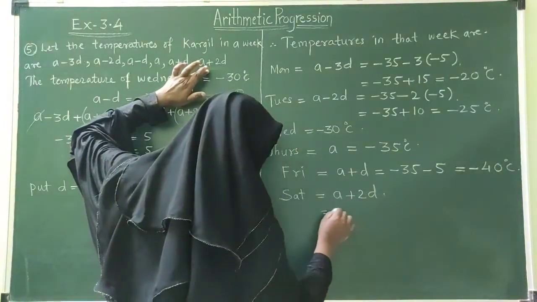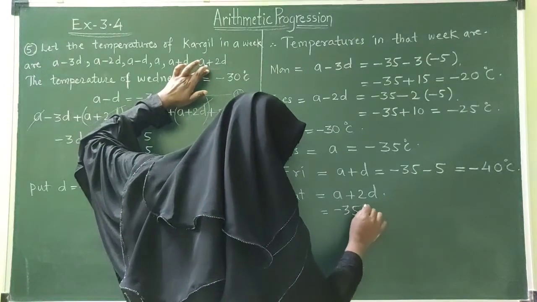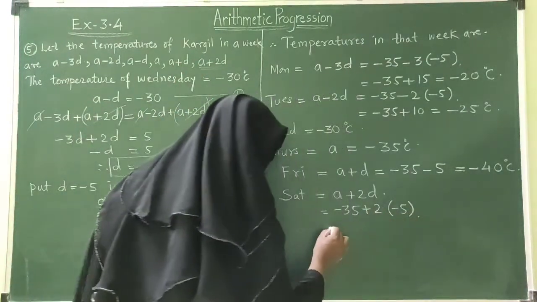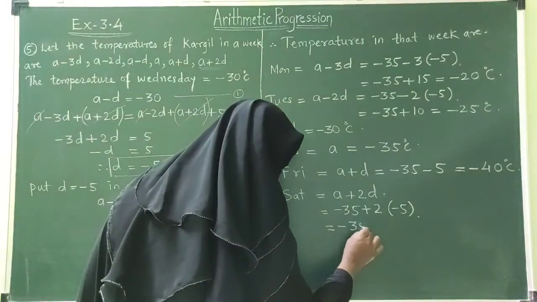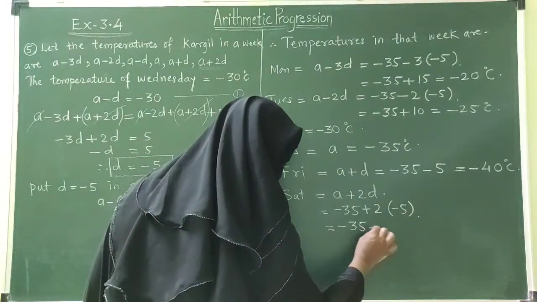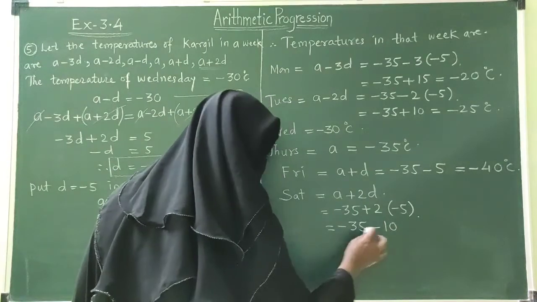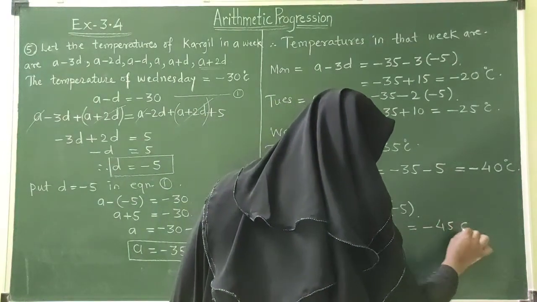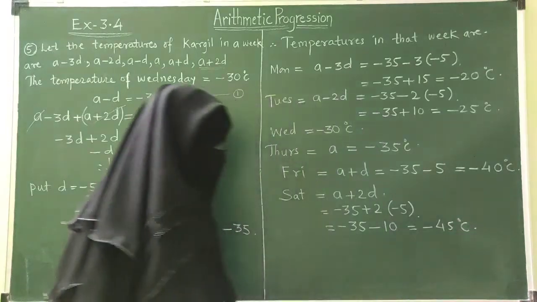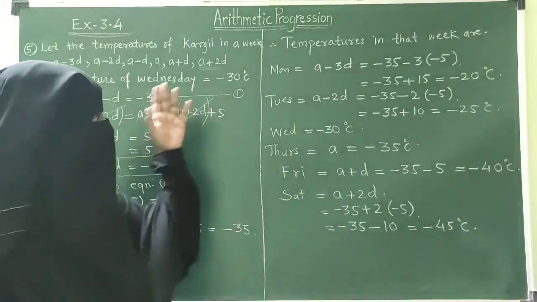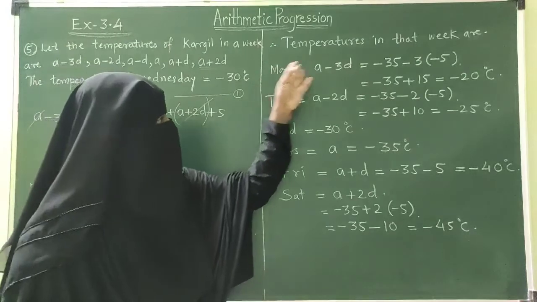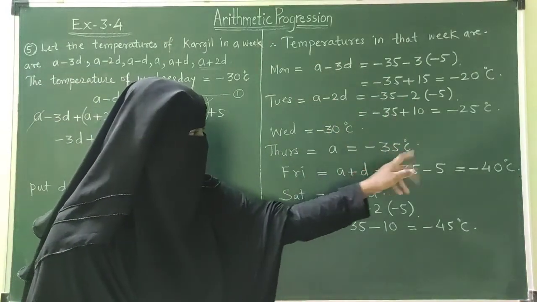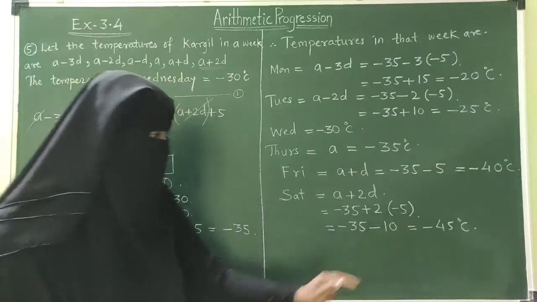Value of A is -35 plus 2 into value of D is -5. We get here -35 minus into plus minus 2 5s are 10. -35 -10 सेम साइन है, इसके लिए एडिशन हो जाएगी -45 डिग्री सेल्सियस. Therefore, the temperatures are -20, -25, -30, -35, -40 and -45.